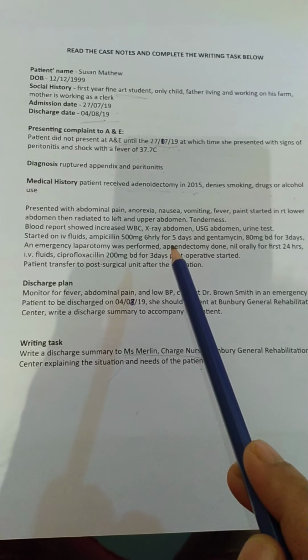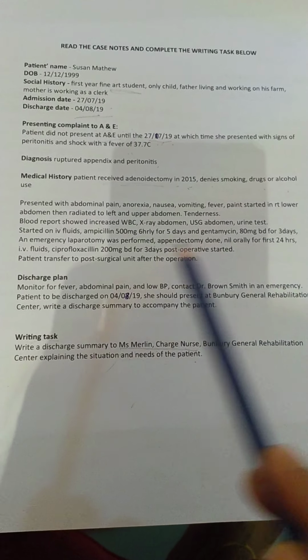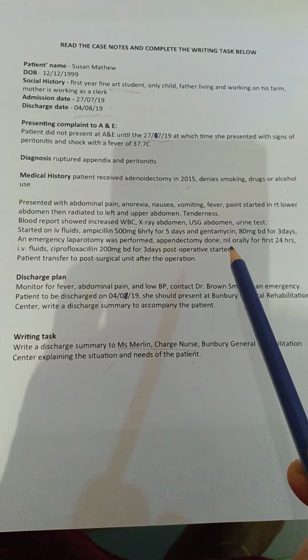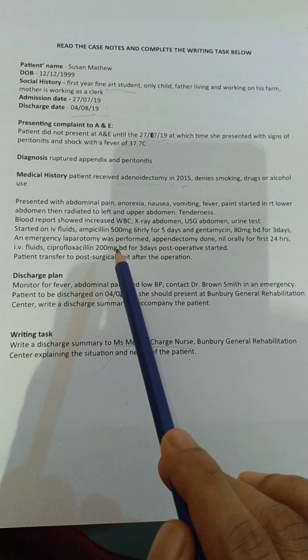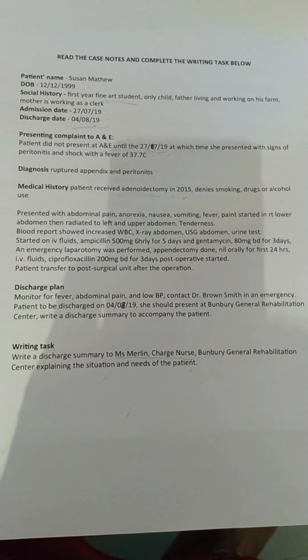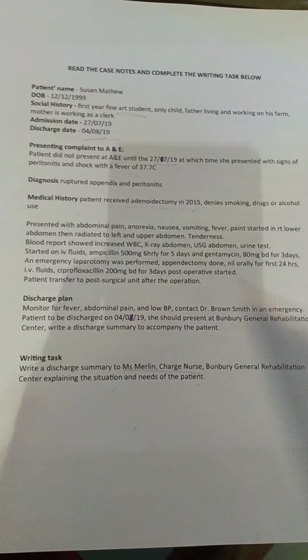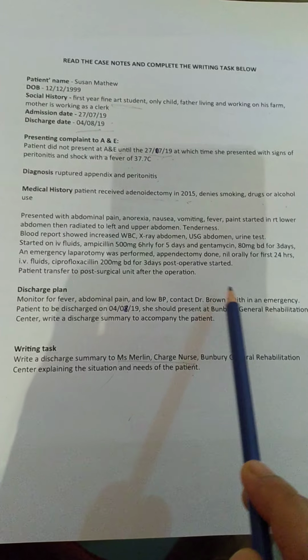Ampicillin 500 mg 6 hourly for 5 days and gentamicin 80 mg BD for 3 days. An emergency laparotomy was performed, appendectomy done. Nil orally for first 24 hours, IV fluid, ciprofloxacin 200 mg BD for 3 days. Post-operative started. Patient transferred to post-surgical unit after the operation.